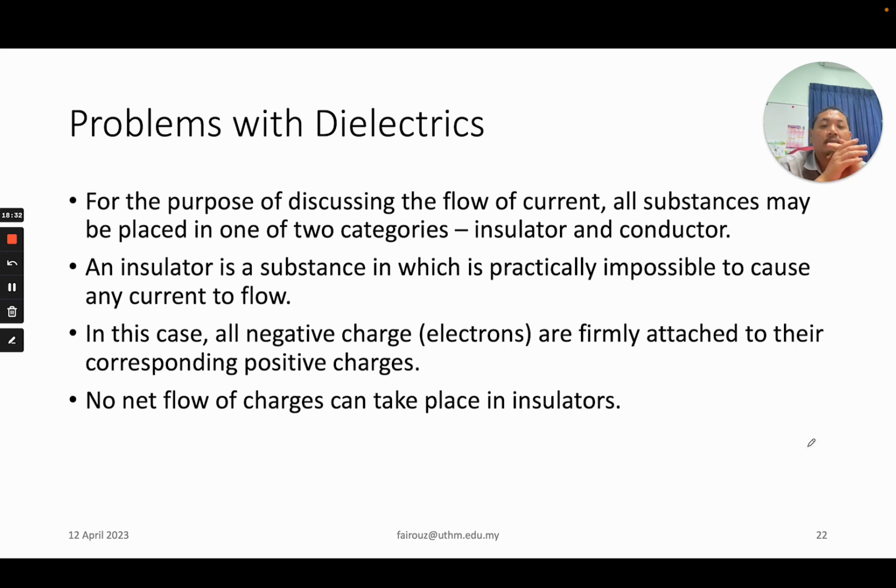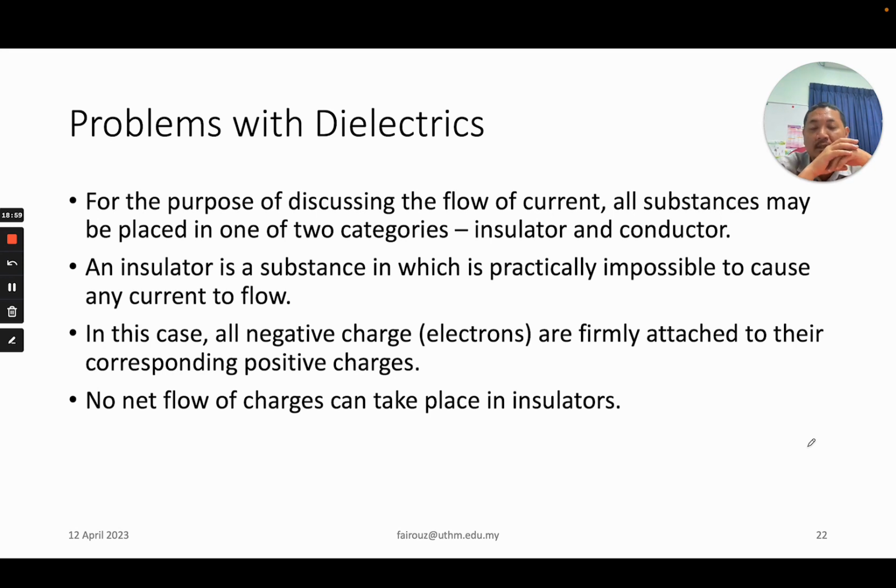In this case, the problem with the insulator or the dielectric is that all negative charges are firmly attached to their corresponding positive charge, right? So this is the insulator or dielectric material in normal condition.